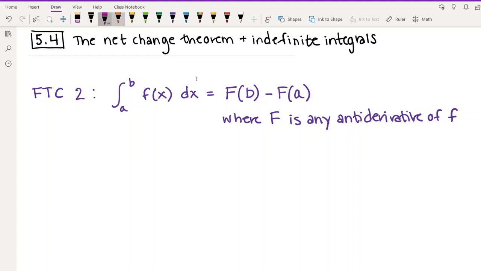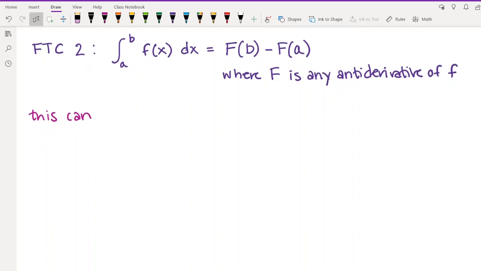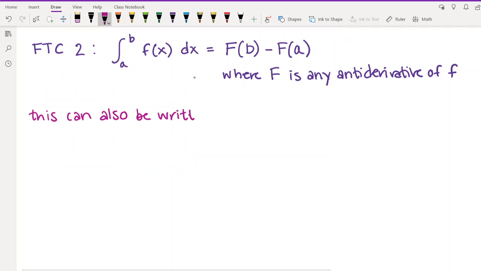So there's a different way of writing this that I think might be helpful in understanding how the net change theorem works. So this can also be written as, because capital F is the antiderivative of little f, that means that the derivative of capital F is little f, right?